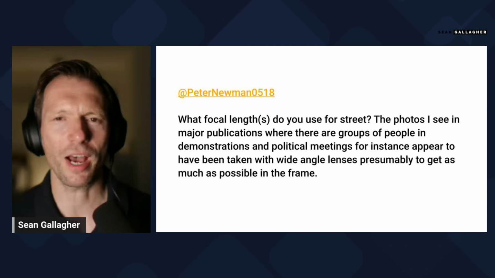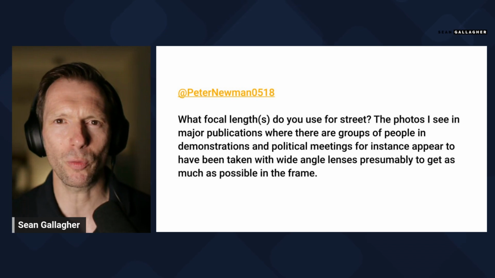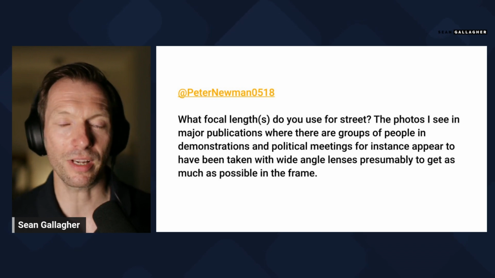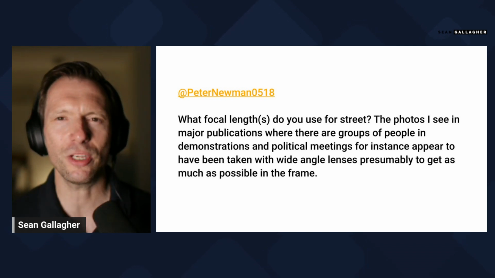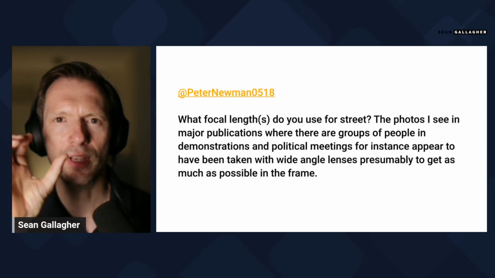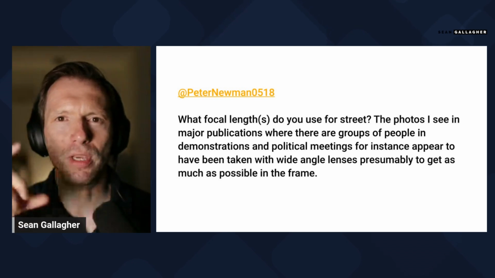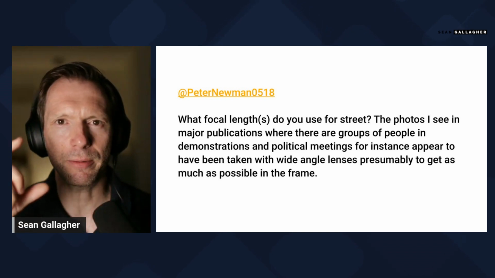And the one I like is 35 millimeter because I think that provides you with a very natural view, very similar to what you'd see with your own eyes. And one of the advantages of using a fixed prime lens like the 35 millimeter is that you get very used to that perspective. So you can almost pre-visualize what you will see before you even put the camera up to your eye.